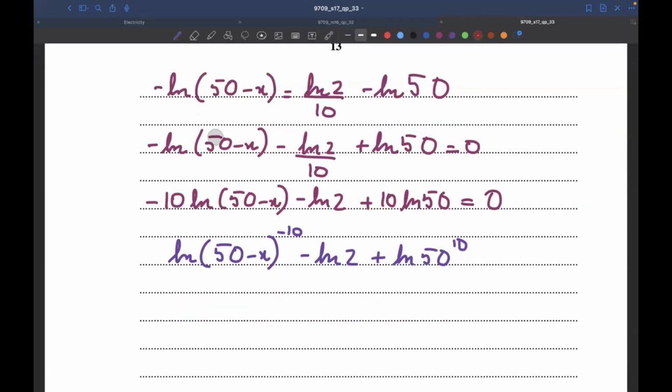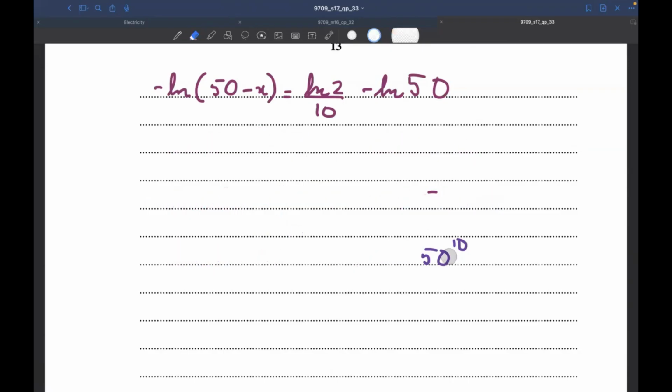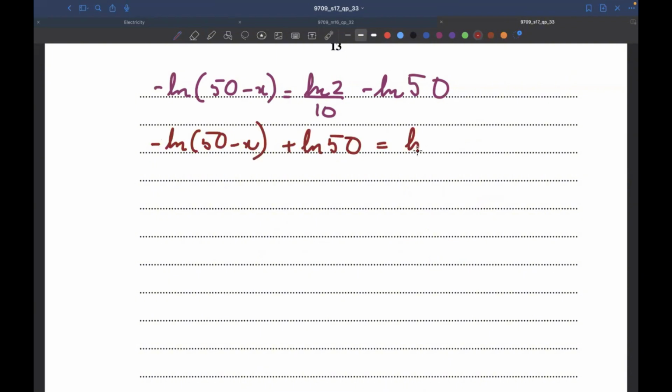So what we can do is, in the first step, we can just bring ln of 50 minus x and ln of 50 on one side. So we can write it as minus ln of 50 minus x plus ln of 50 is equals to ln of 2 upon 10. Now applying the rules of logarithms, we'll write it as ln of 50 upon 50 minus x is equals to ln of 2 upon 10.